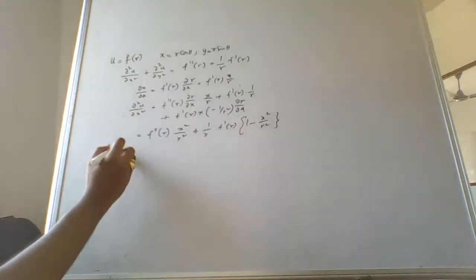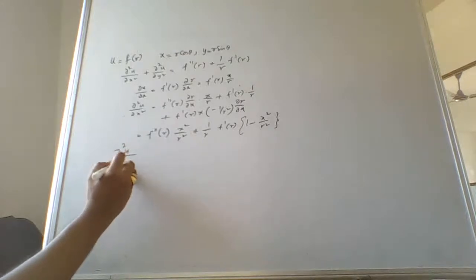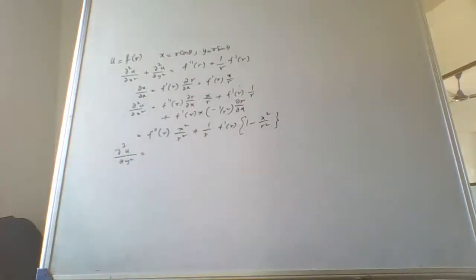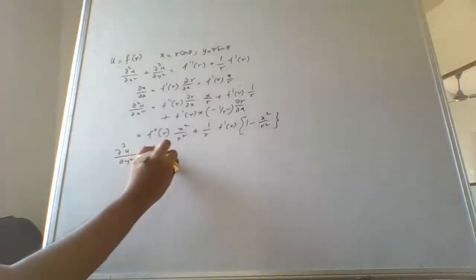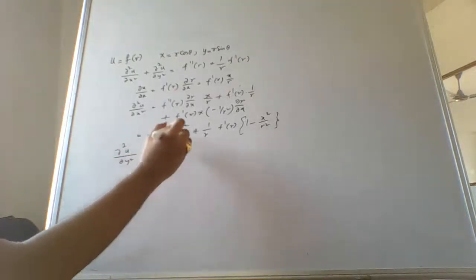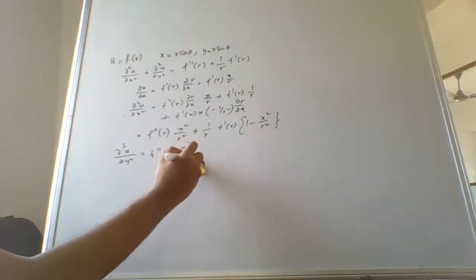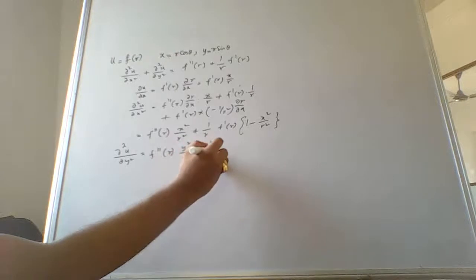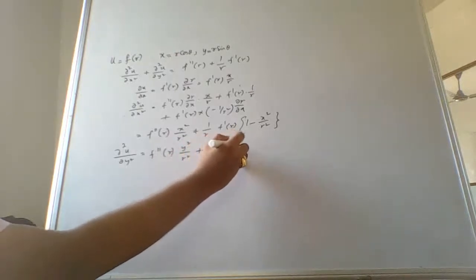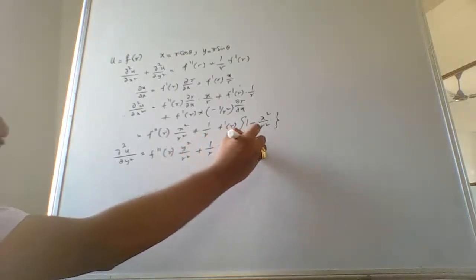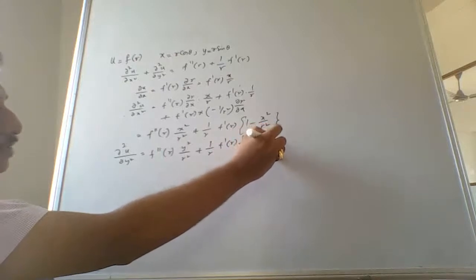Now let us find what is dou square u by dou y square. When you try to simplify it, I get f double dash r, with y square by r square instead of x, plus 1 by r, f dash of r, close the brackets, 1 minus y square by r square.